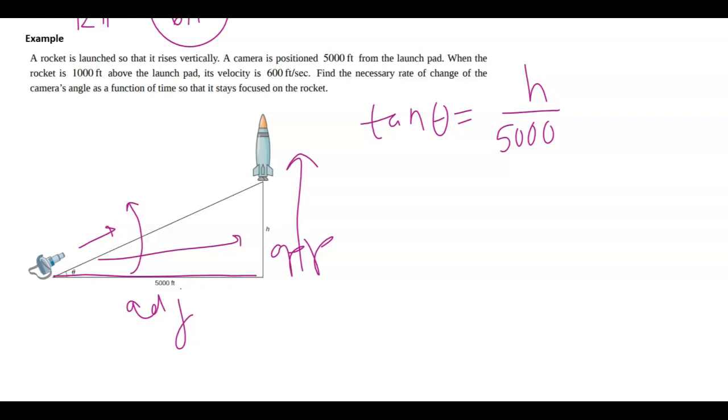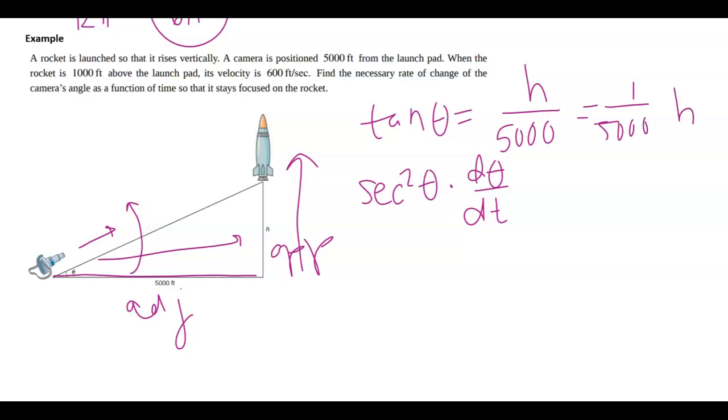All right, let's take the derivative with respect to time. So this is going to be secant squared theta. Theta is a variable. It changes with respect to time, so I need to write d theta dt. And then I can also write this as 1 over 5,000 h. I think that's helpful, because then I just get 1 over 5,000, but I took the derivative of h with respect to time.